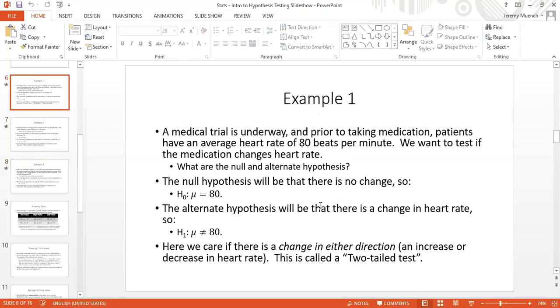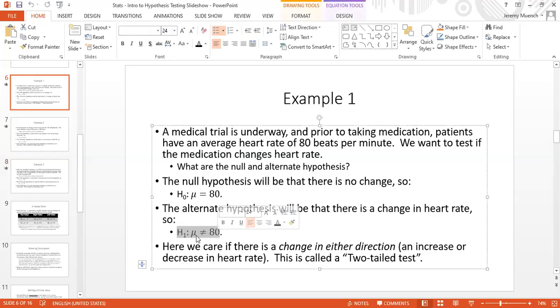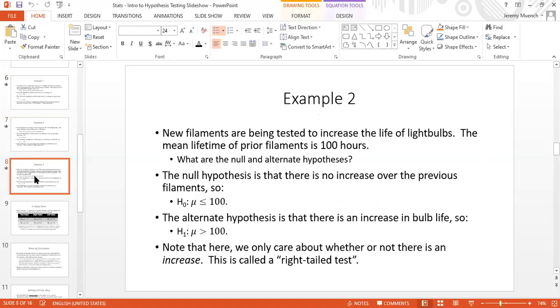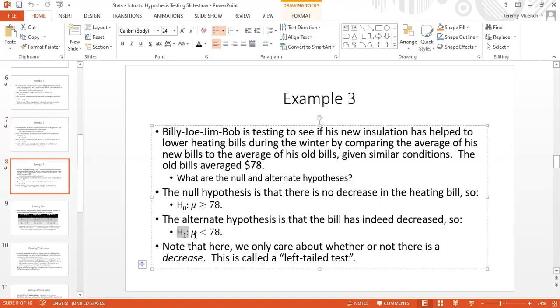We were testing here if there was a change, so the alternate hypothesis was the one that was a change. It's no longer equal to 80. We were testing here if there was an increase, so the alternate hypothesis represented an increase. We were testing here if there was a decrease, the alternate hypothesis represented a decrease. And again, in the same way that the previous test was a right-tailed test, we're looking for a decrease, so this is a left-tailed test.